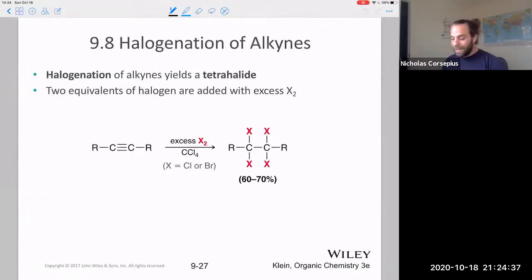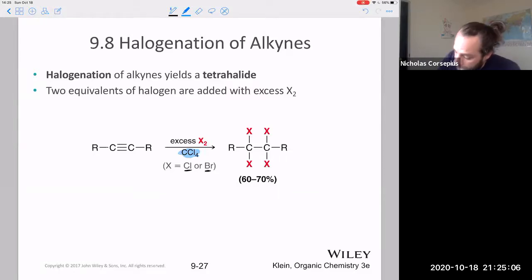So the easiest is if we have just an excess of whatever halogen we're talking about. In particular, it actually has to be chlorine or bromine. Iodine doesn't work. But what happens if you have an excess of your halogen? Note that this, carbon tetrachloride or tetrachloromethane, is just a solvent. It's a really good nonpolar solvent that will carry out these reactions.